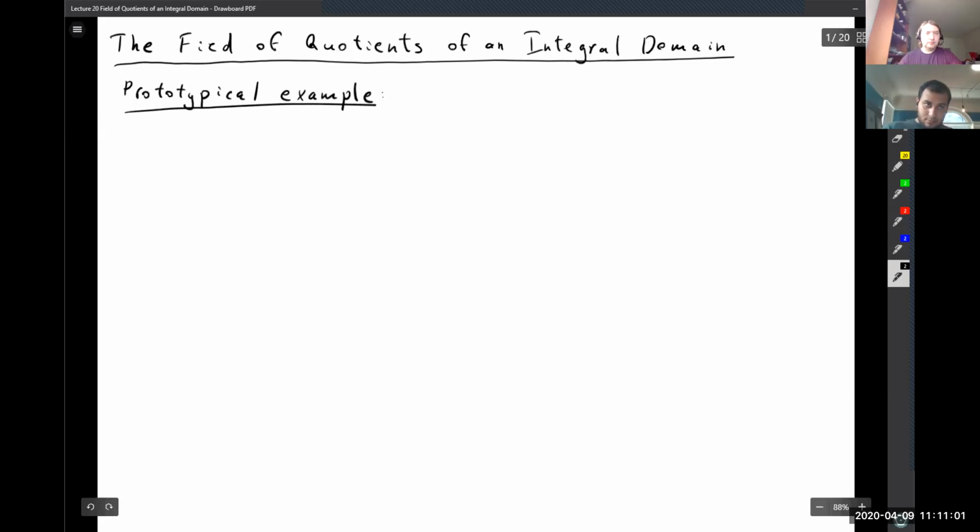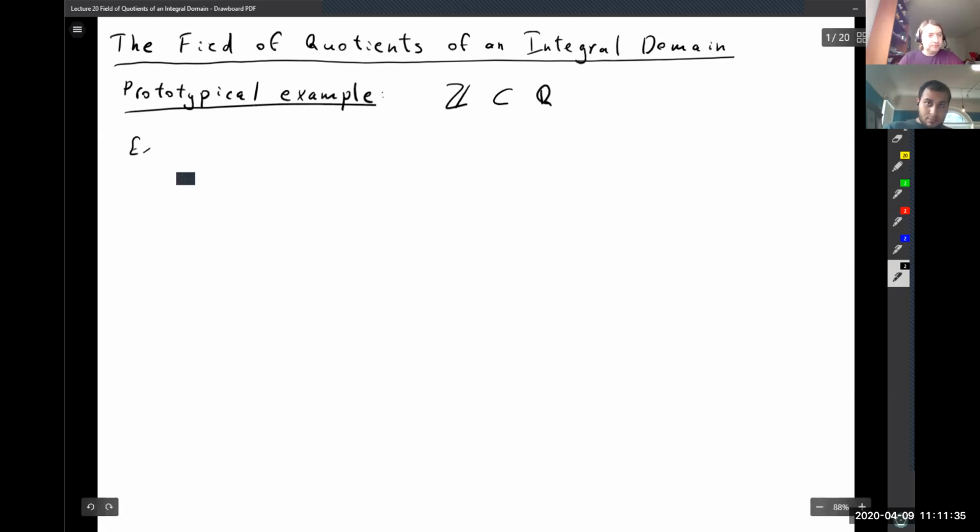You're all familiar with the fact that the rational numbers can be constructed using quotients of integer numbers. So this is the construction which appears in school, but let's make a revision of that, which will be beneficial for us to construct precise definitions afterwards.